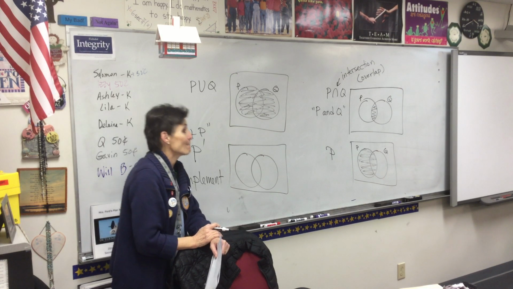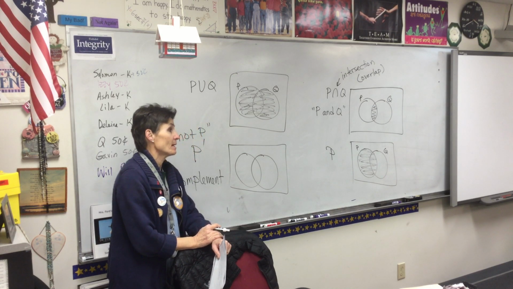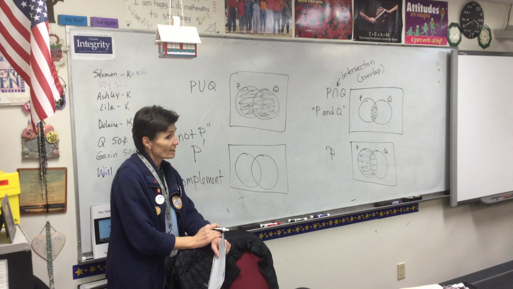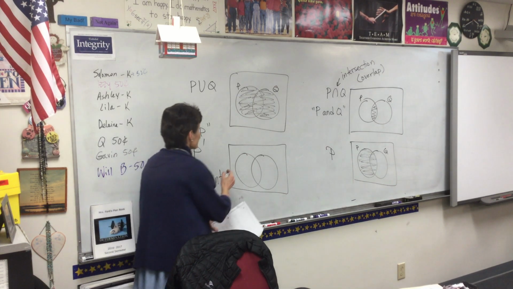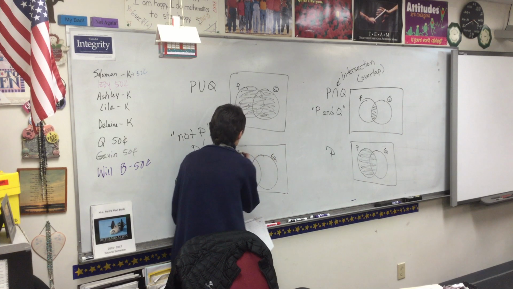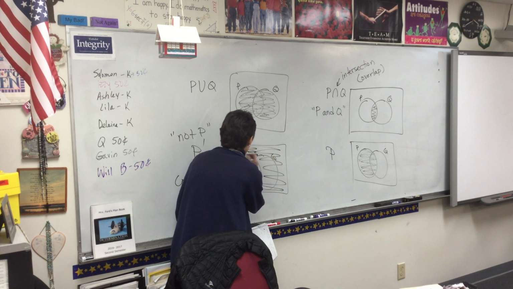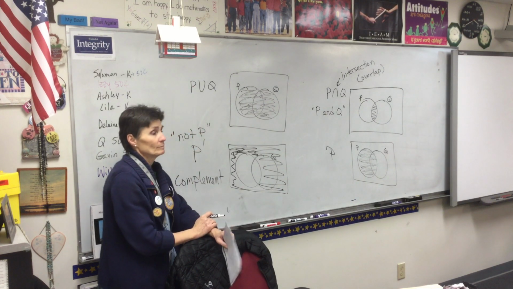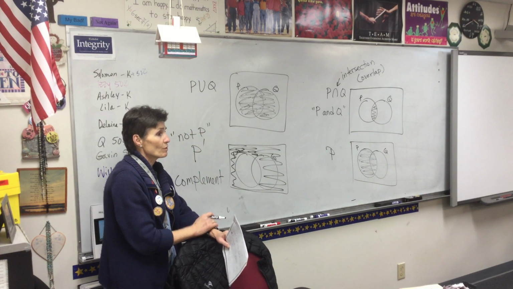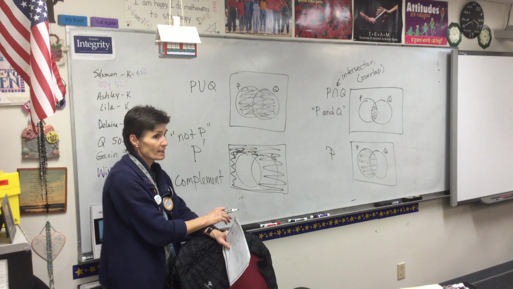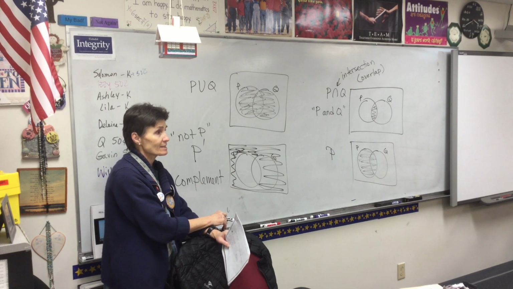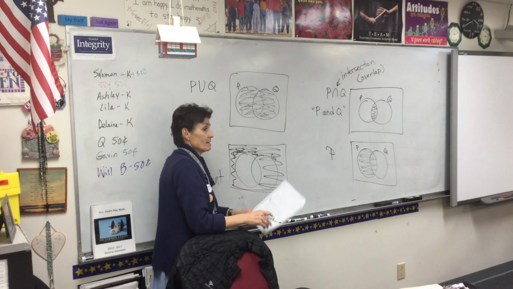And that's everybody that doesn't like pancakes. So where would I shade that? That's everything except the P ball. So the entire box is shaded. The only thing that's not shaded is the P.